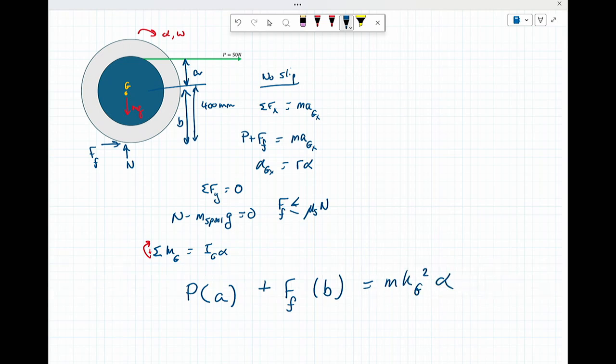Is that correct? P to the center of mass is causing a clockwise moment. So that's okay. So that I have defined as positive. The friction force, on the other hand, is causing a counterclockwise moment.